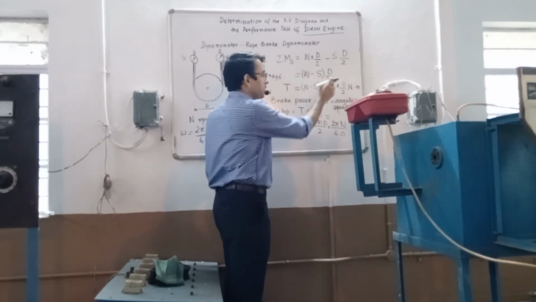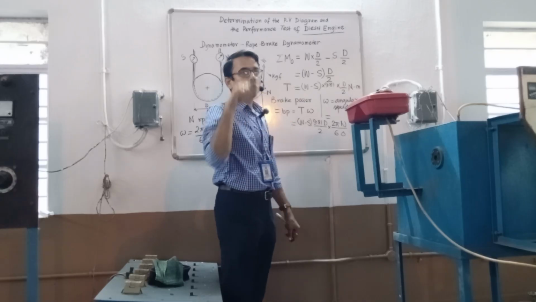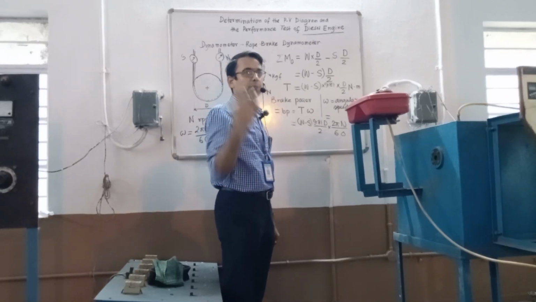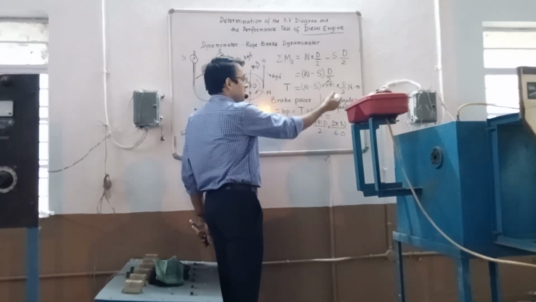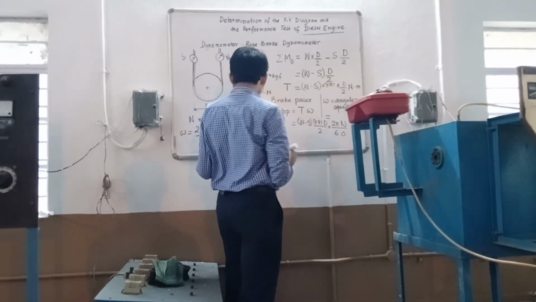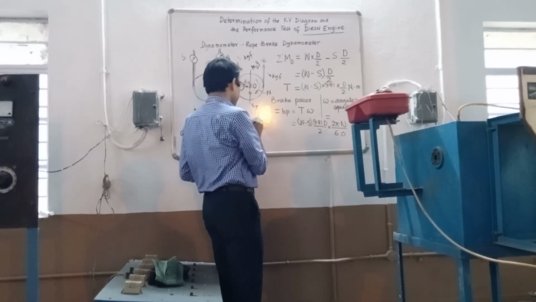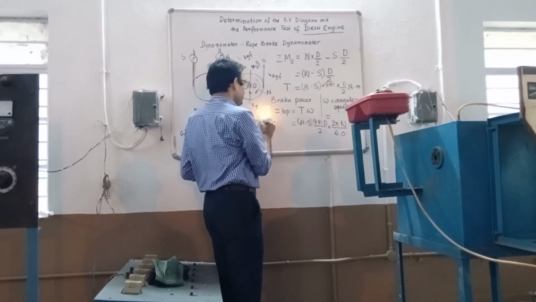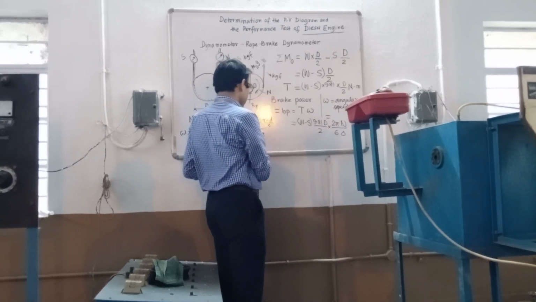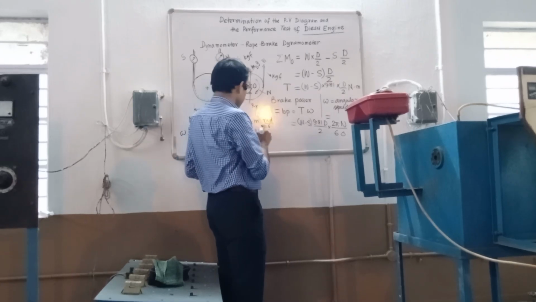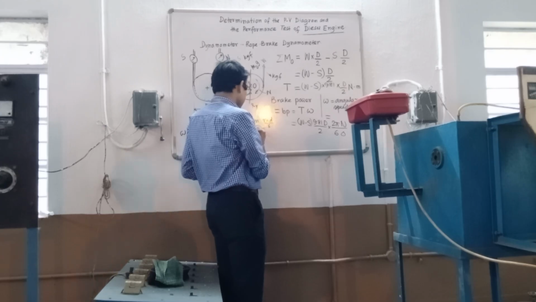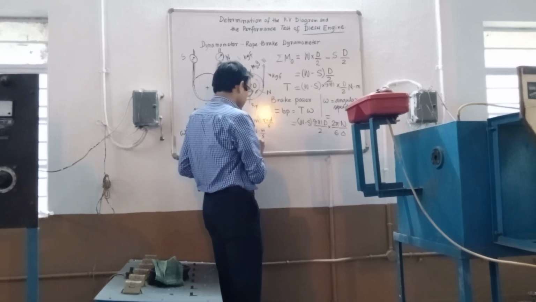Newton meter multiplied by radian per second, that is Newton meter per second. Radian is basically a ratio, so it will be Newton meter per second.